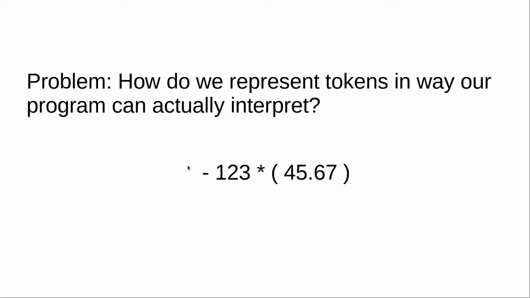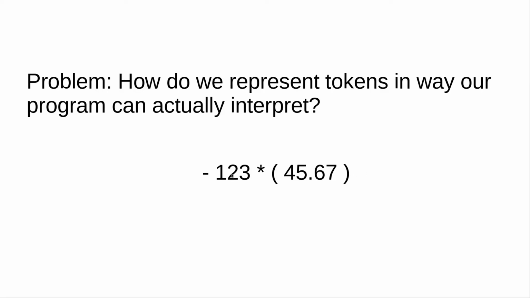Now, if we take a look at this, what's happening here? Are we doing -1 to 3 and then multiplying that by whatever is in the parentheses? Or are we doing 1 to 3 multiplied by whatever is in the parentheses and then applying the minus to that? In this case, it doesn't matter, but what if there was another minus inside here? Or what if this expression had something else, like +123 as well?